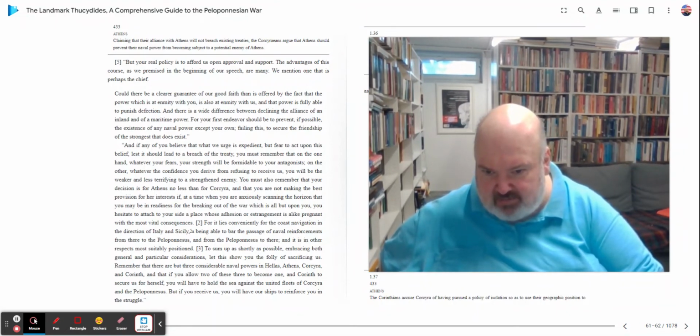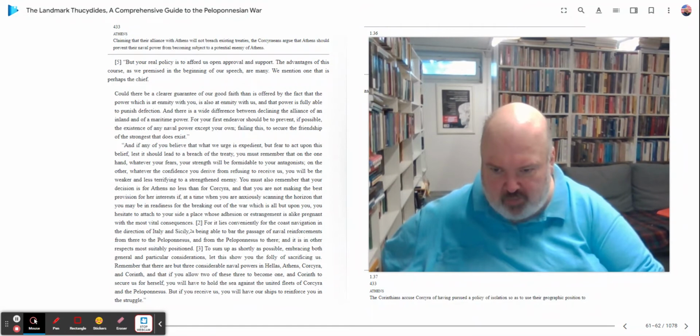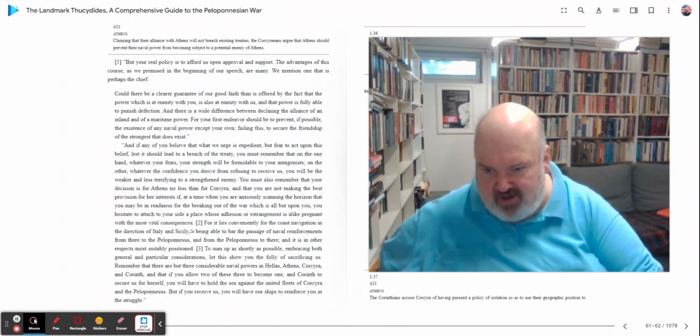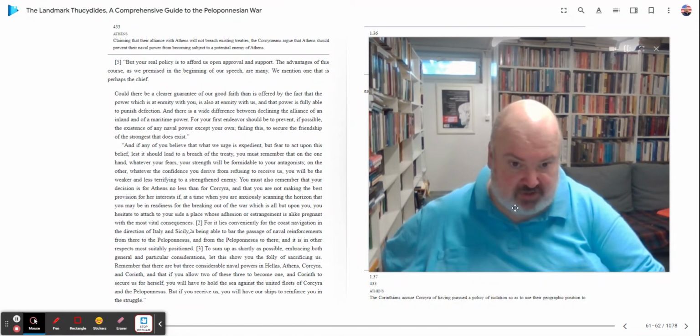Remember that there are but three considerable naval powers in Hellas: Athens, Corcyra, and Corinth, and that if you allow two of these three to become one, and Corinth to secure us for herself, you will have to hold the sea against the united fleets of Corcyra and the Peloponnese. But if you receive us, you will have our ships to reinforce you in the struggle.